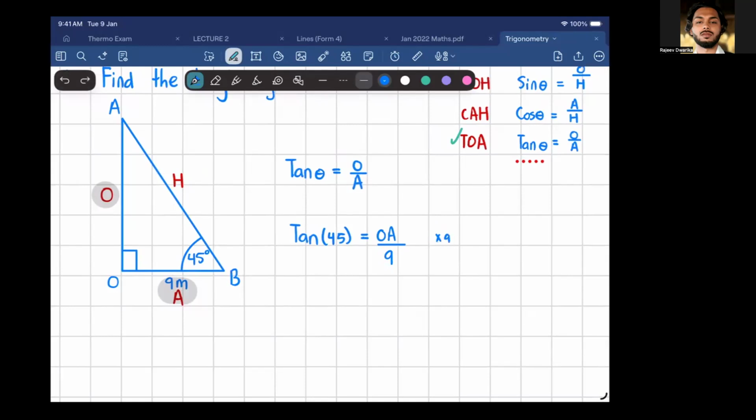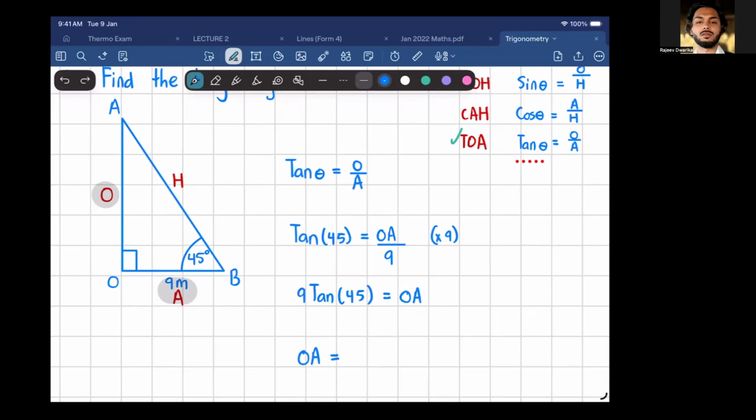If I do that, I'm going to end up with 9 tan 45. And on this side, the 9 and the 9 would cancel off. So that would leave me with OA. So my final answer would be OA is equal to whatever this is. So plug that into the calculator and let me know what you guys are getting.